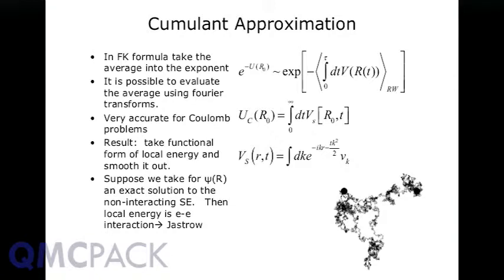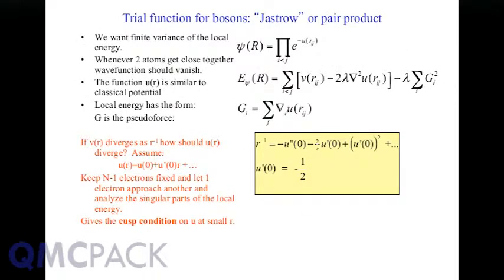And so that's where we end up with the so-called Jastrow wave function. So the wave function would end up in this form, where U is like a potential, except it's smoothed out. The 1/R interaction gets smoothed out.